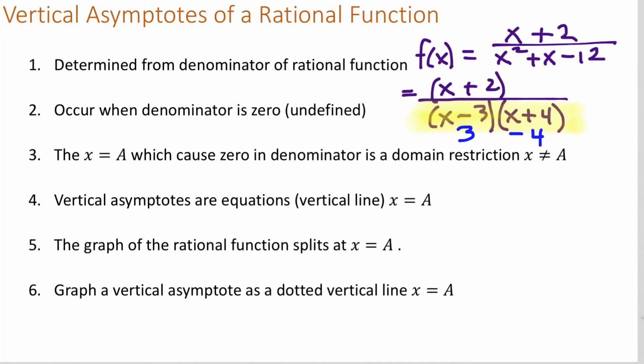So it's the x equal to whatever those values are which cause 0 in the denominator. Those are called your domain restrictions. So we want to take those two numbers out of our domain. So we're going to say x cannot equal 3 and x cannot equal negative 4. Okay, those are domain restrictions.